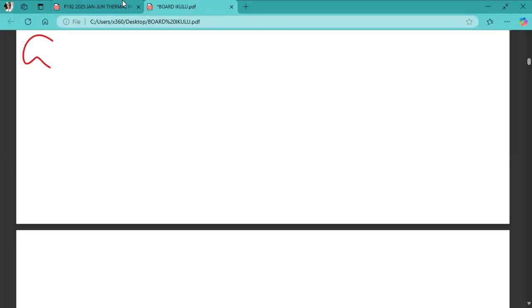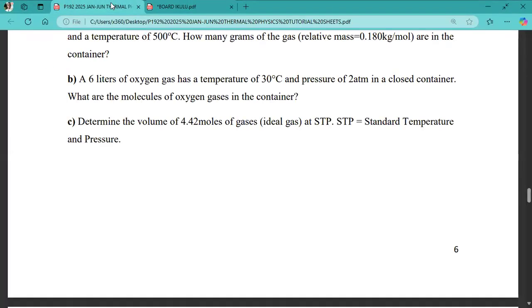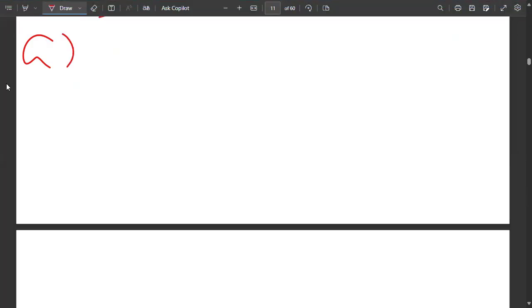Okay, so this question is saying we have a gas which is 4.42 moles.